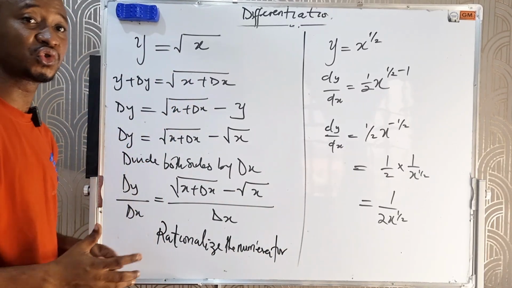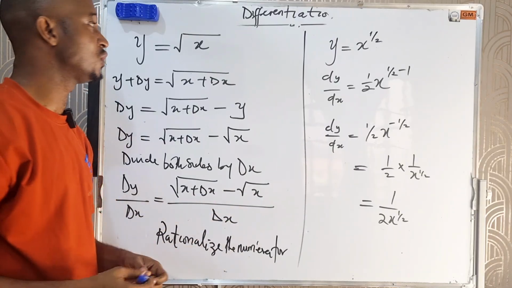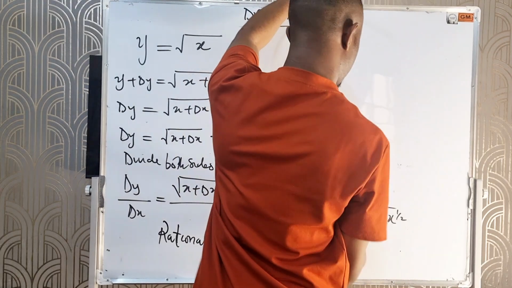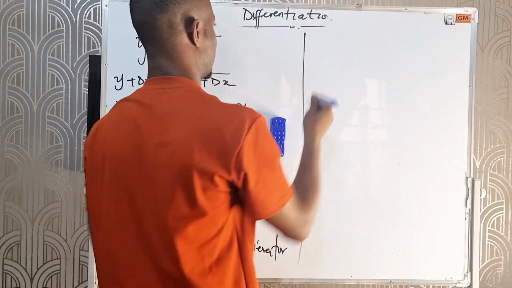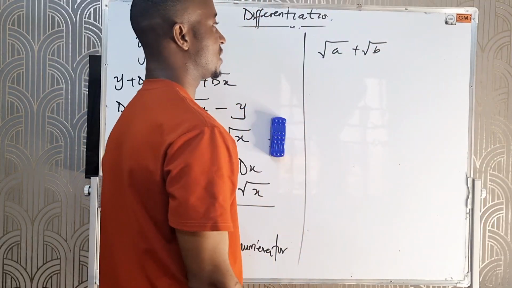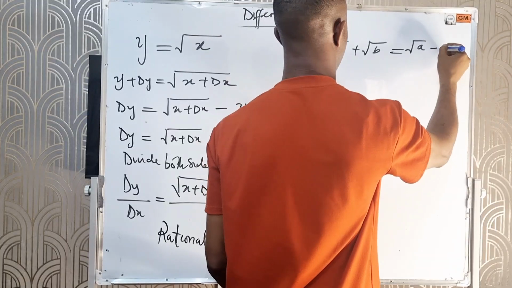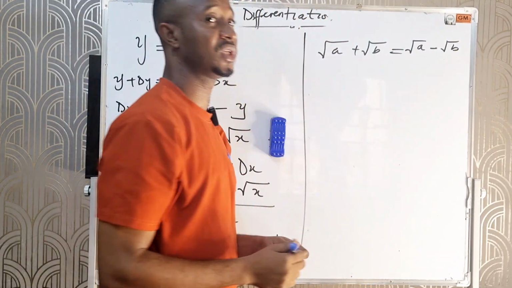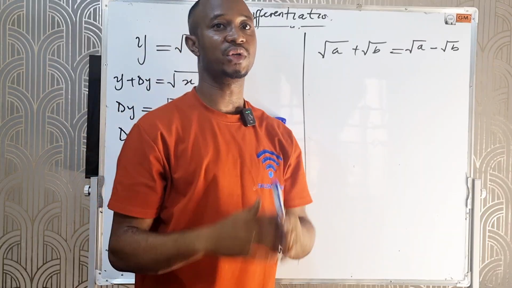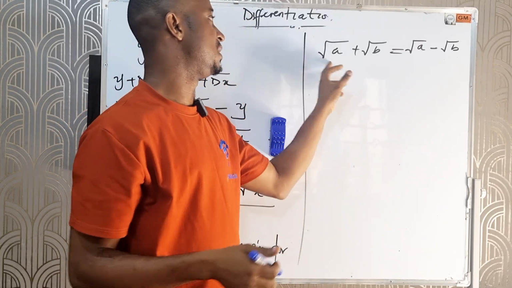By multiplying the conjugate of the numerator with the numerator and the denominator. The conjugate of a sum in mathematics, if I have a sum, root A plus root B, the conjugate of root A plus root B is simply root A minus root B. The conjugate of root A minus root B is simply root A plus root B. Conjugate simply means just change the sign that is found between the two.